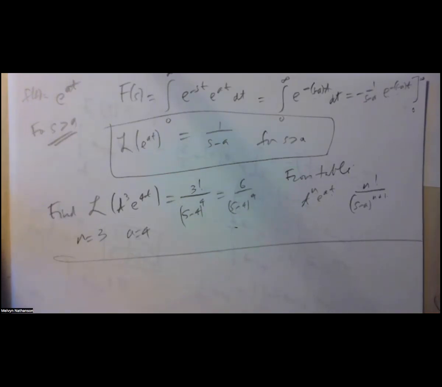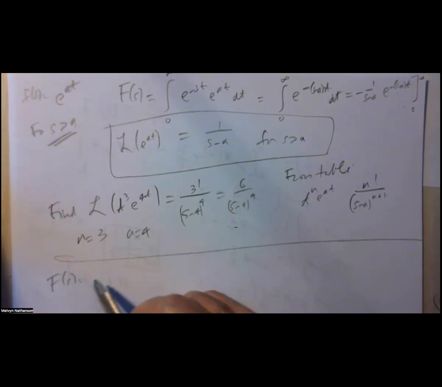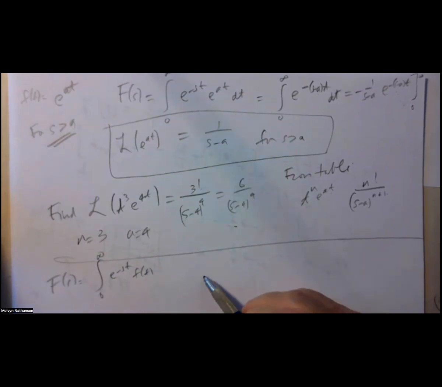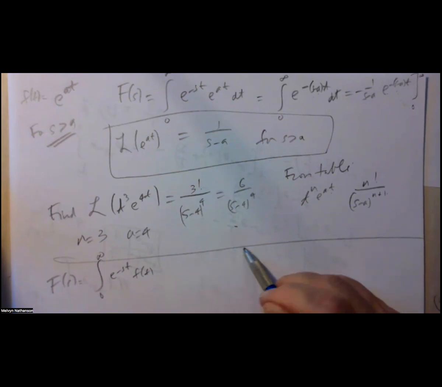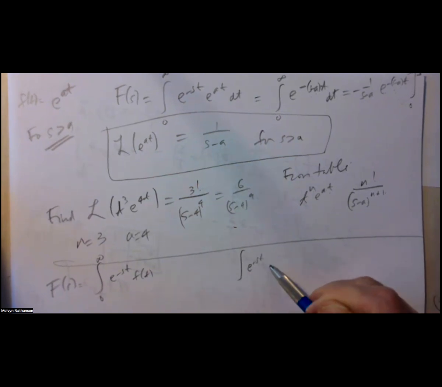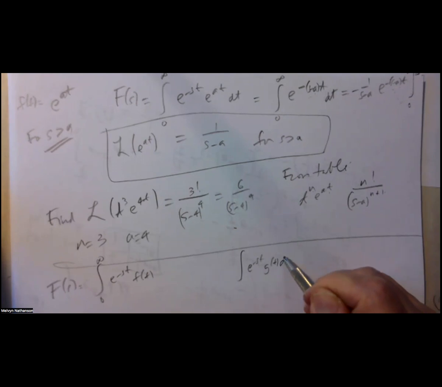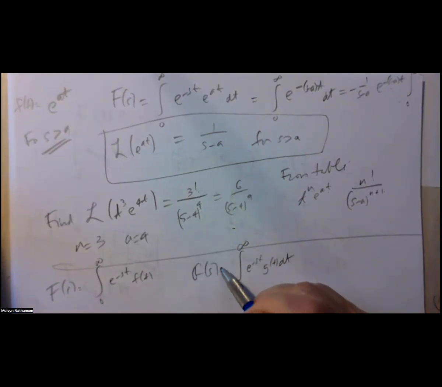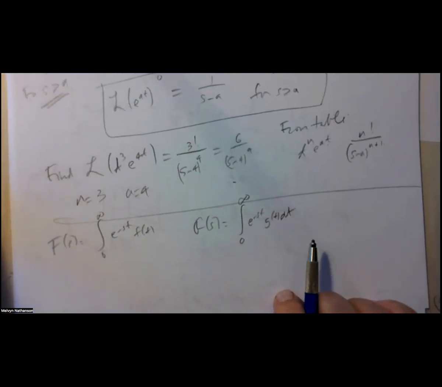Now, we have the Laplace transform of a function little f is the integral from 0 to infinity e to the minus st f of t. And if we had another function, little g of t, the Laplace transform would be this.